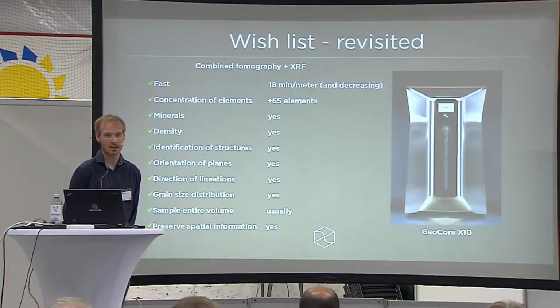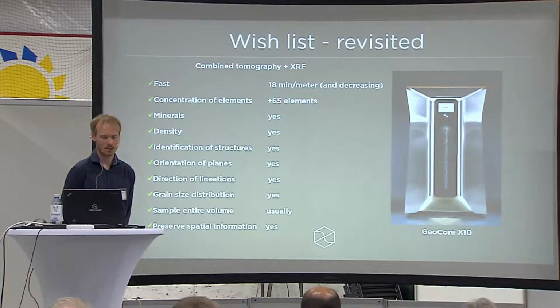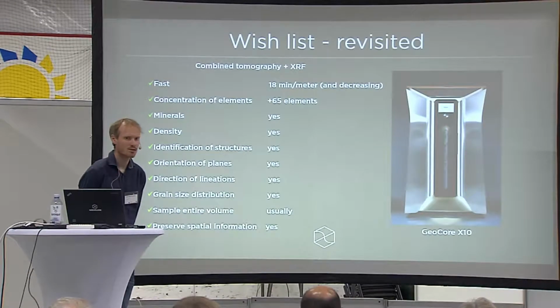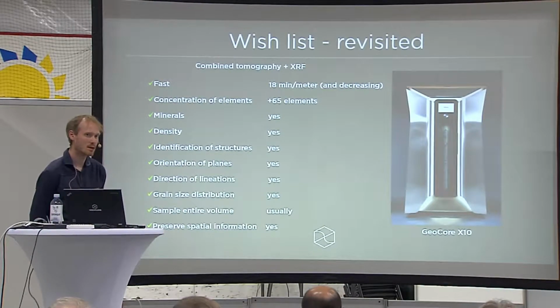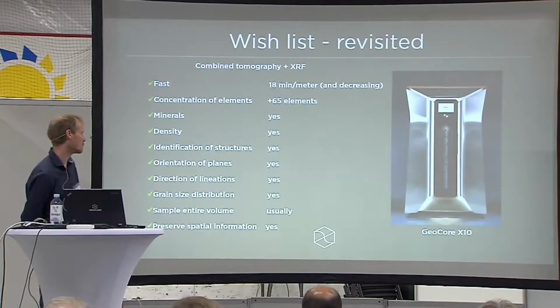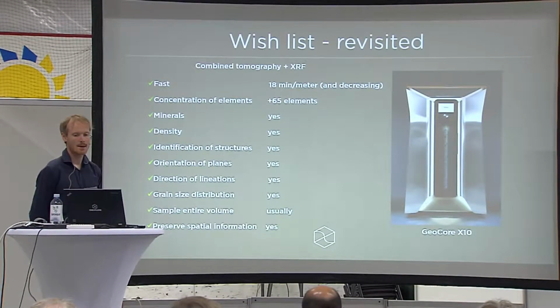You can also run faster and slower scans. You get the concentration of 65 elements through direct detection with XRF if they're above the detection limits. And you get some indirect detections of what minerals you have in your sample, and also the density.